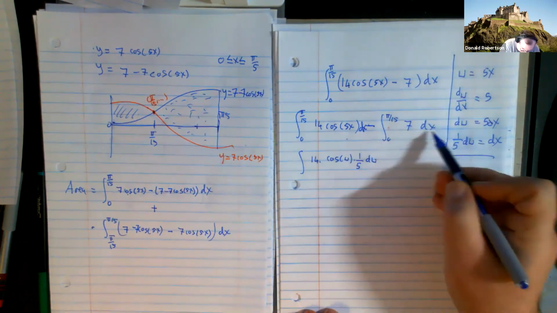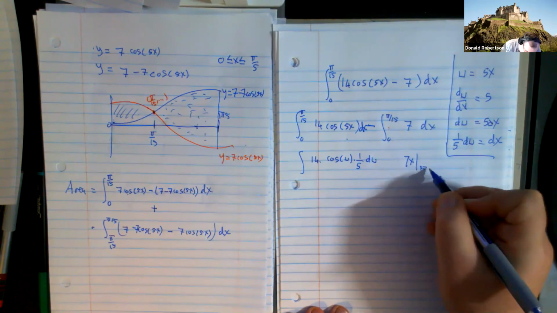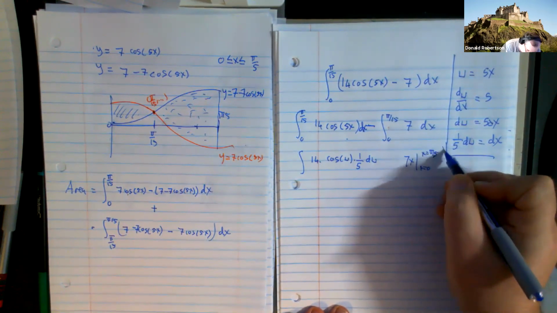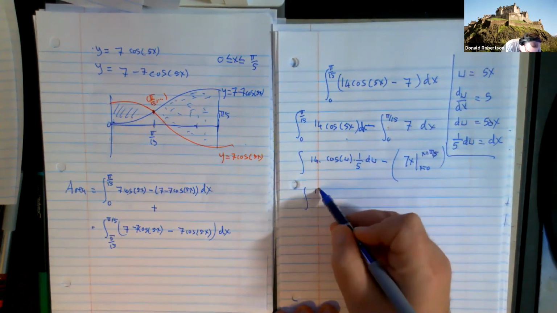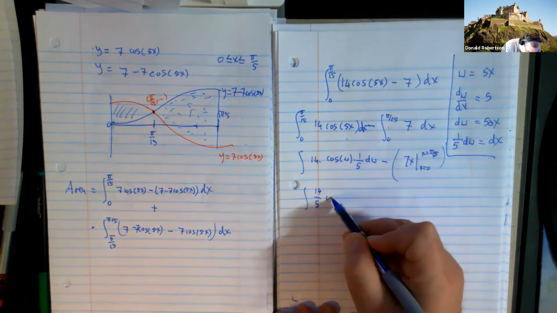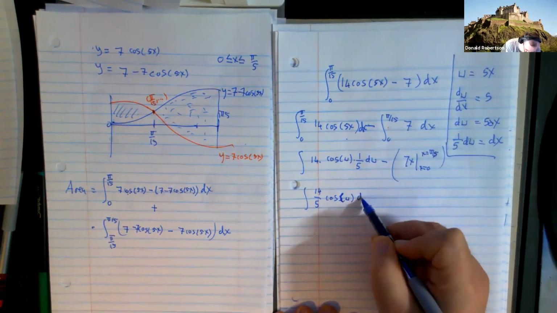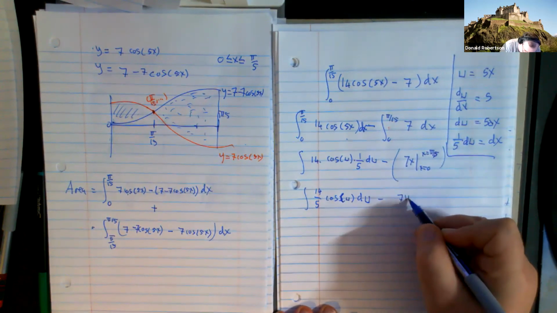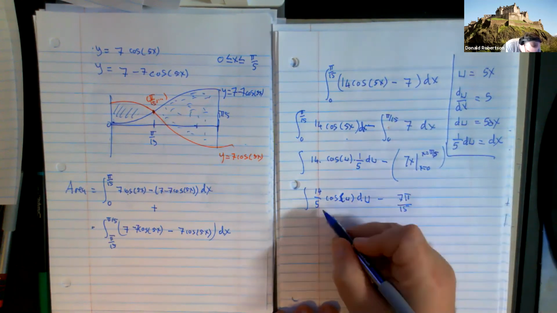And this guy, well, he's basically 7x evaluated at these 2 points. This fella becomes 14/5 the cosine of u. This guy here eventually becomes 7 pi over 15.